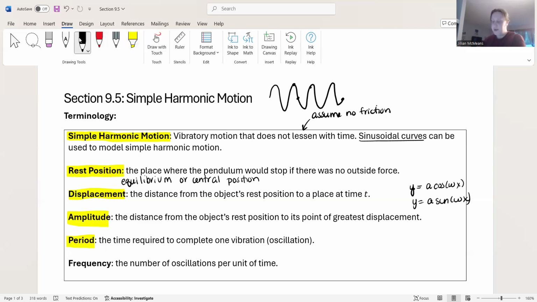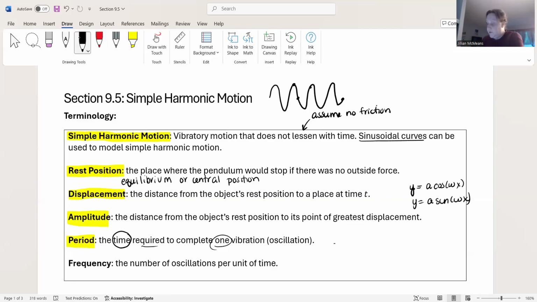It doesn't just mean the distance to fill in one full cycle of sine or one full cycle of cosine. What it means here is the time to complete one vibration or oscillation. So we're quite literally looking at a unit of time here. The period is the time required to complete one vibration or one oscillation.